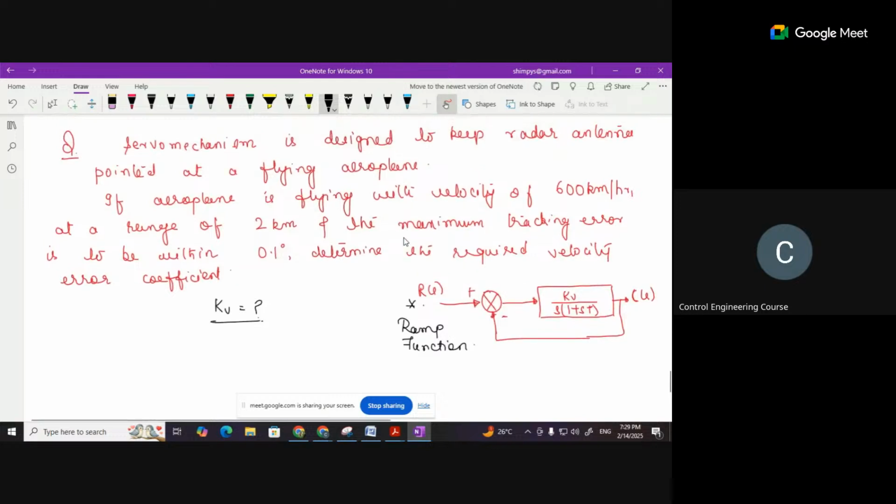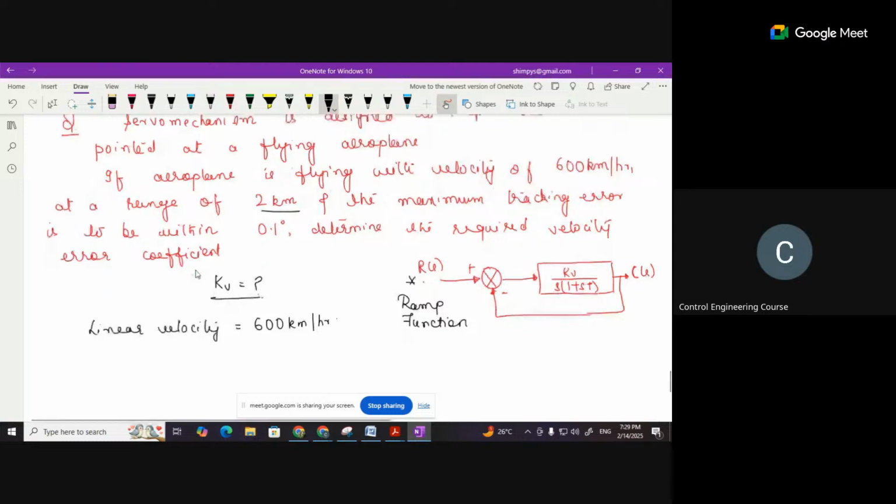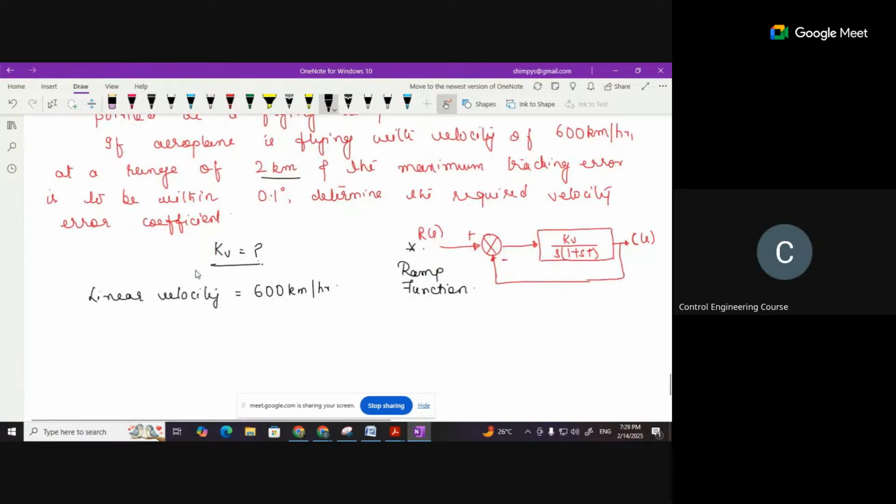No, this 600 is our linear velocity, which is given to us as 600 kilometer per hour, at a range of 2 kilometer. So you have to change this into angular velocity. You know that V is equal to R omega.